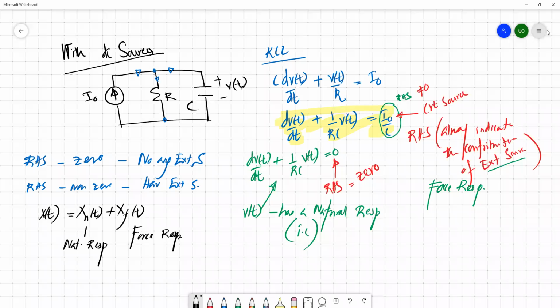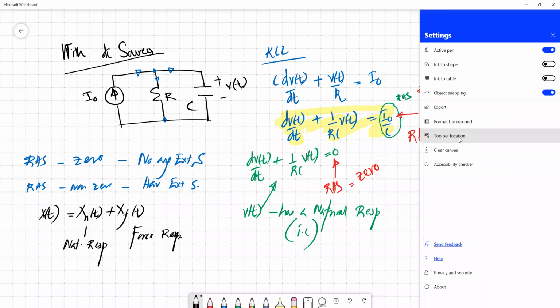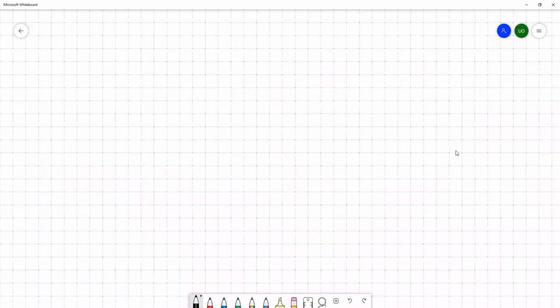Okay, now we have this kind of scenario. Now your differential equation looks like this. You have a non-zero right hand side.